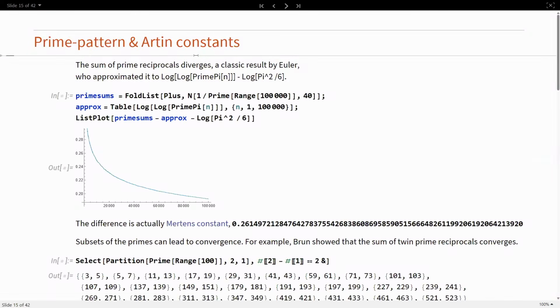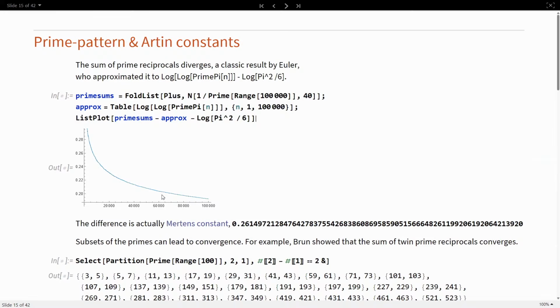Some of the prime pattern constants, if we look at the sum of the reciprocals of the primes, they are close to log of the largest prime.